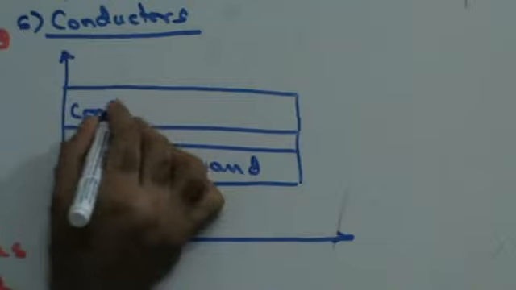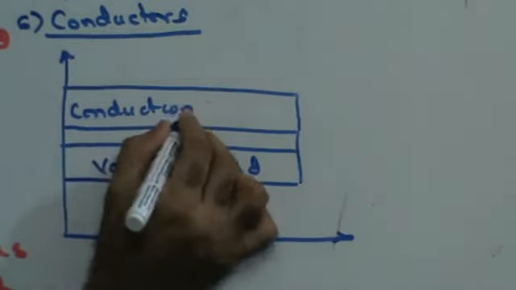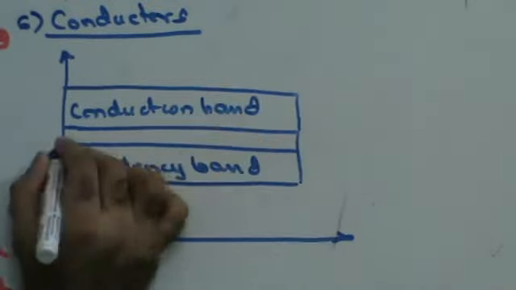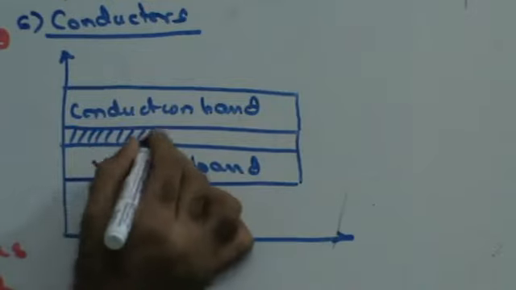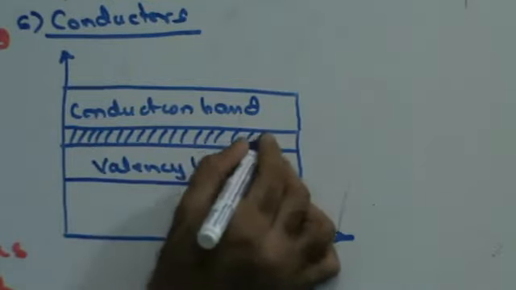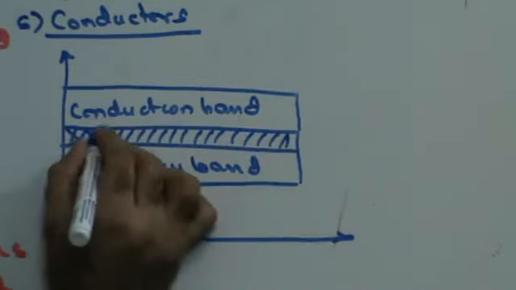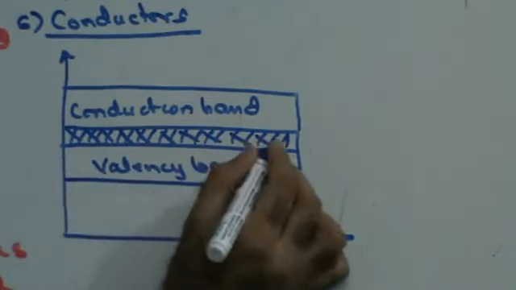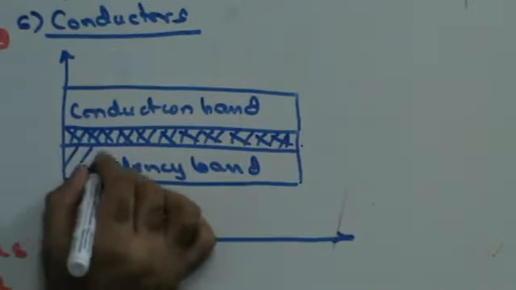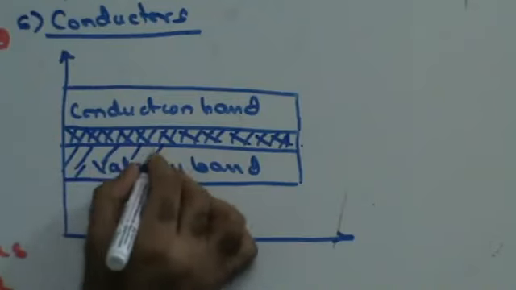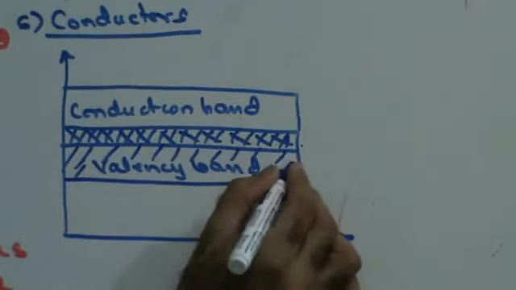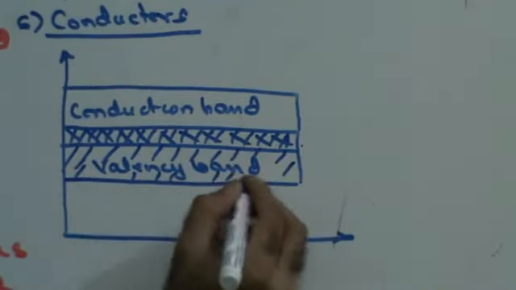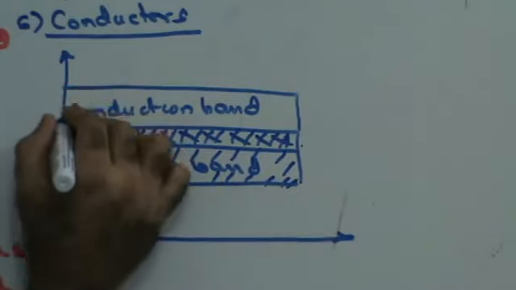This is my conduction band, and this is the overlapping of them. They overlap each other here.